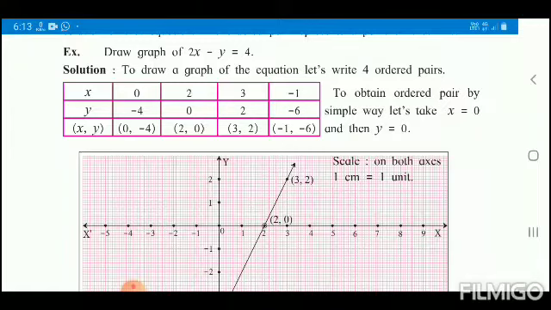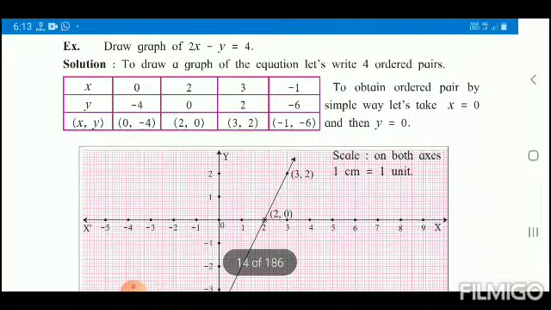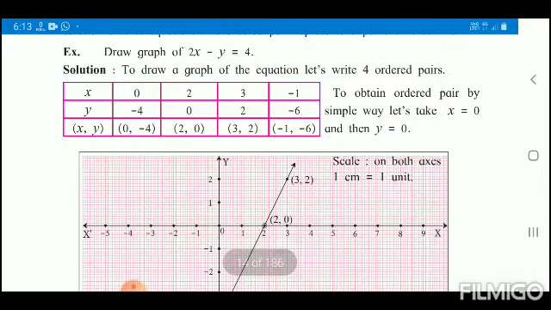Next, they had taken the value of x as 3. Then we got the value of y as 2. So the x and y coordinates are 3, 2. Now if we take the value of x as negative 1, then y's value is negative 6. So you will get the x and y coordinates as negative 1 and negative 6.